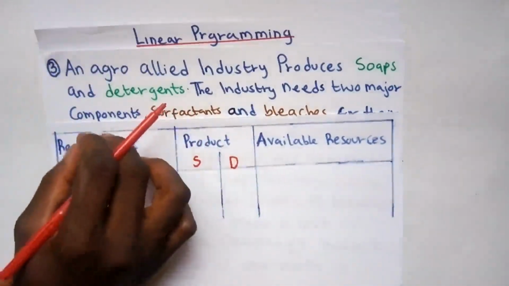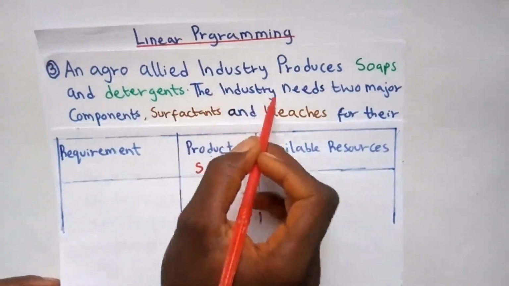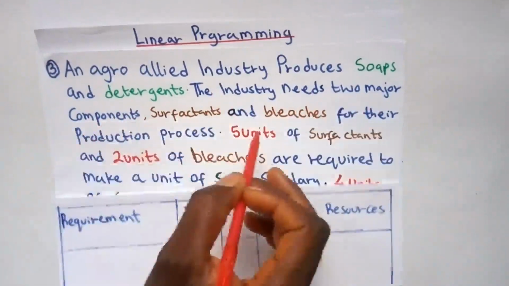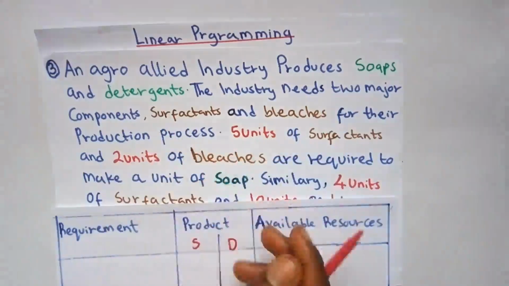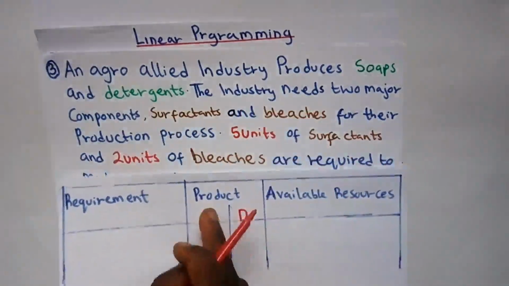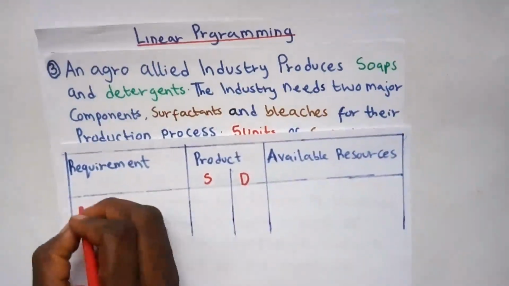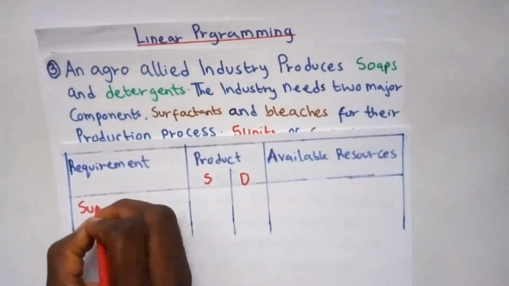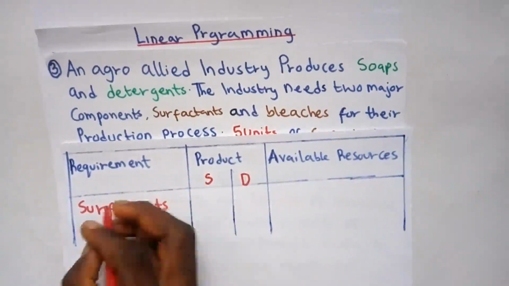Now you want to find the requirement to make this soap and the requirement to make the detergent. The industry needs two major components, surfactants and bleaches, for their production processes. Therefore, the requirements to make this soap and detergent are surfactants and bleaches.